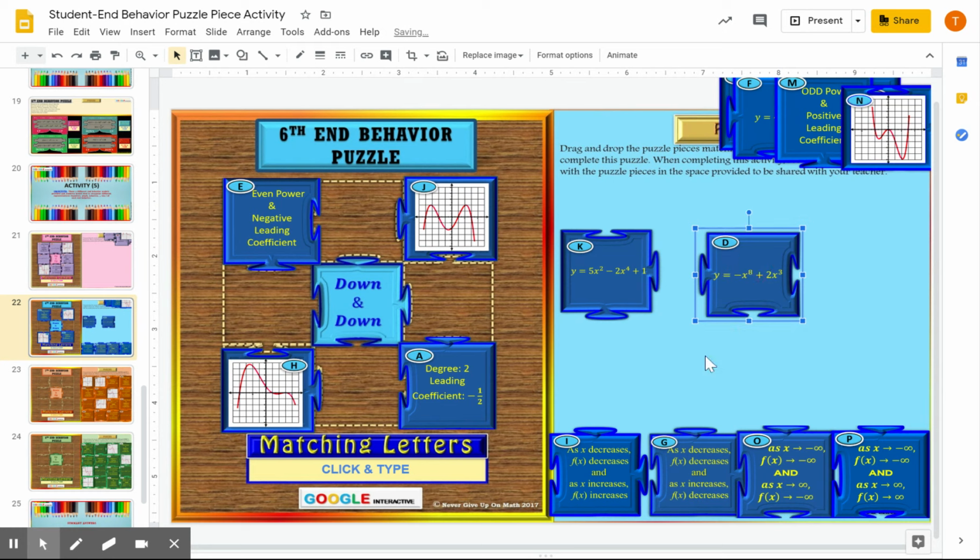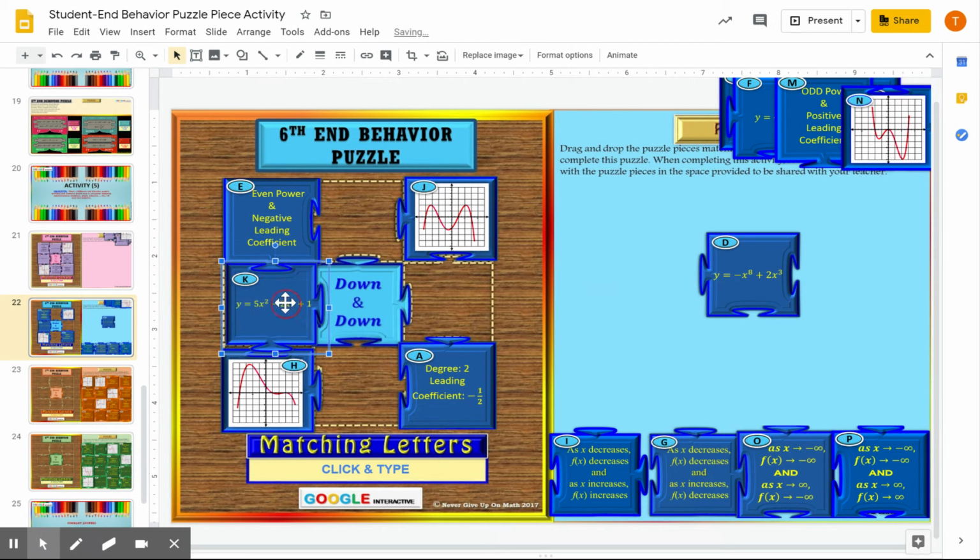And then looking at these two, so for K, I have 5x squared minus 2x to the 4th plus 1. So 4 is the degree, the highest exponent. And negative 2 is its leading coefficient, so that makes it a down, down. So I need to just determine where this goes. So it has nothing sticking out on this side, so I'm pretty sure, yep, it goes right here.